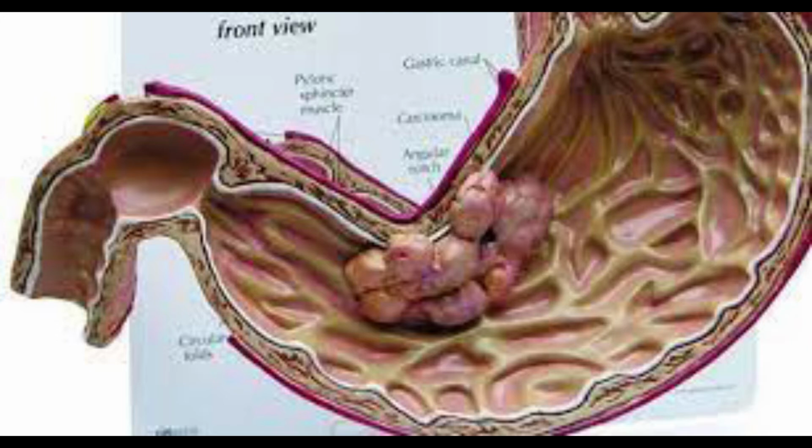So, a peptic ulcer in the esophagus is called an esophageal ulcer. If it is in the stomach, it is called a gastric ulcer, and if it is in the small intestine, it is called a duodenal ulcer.